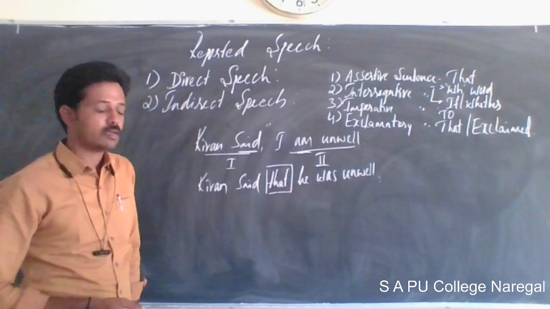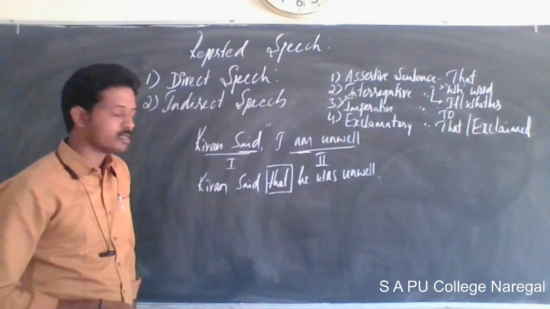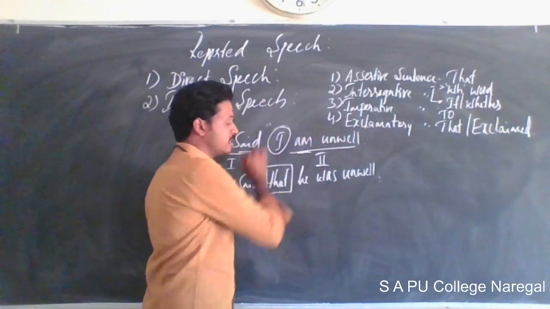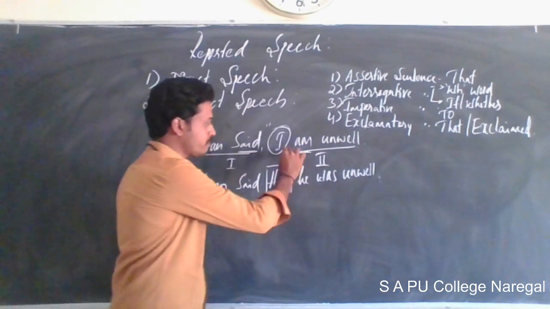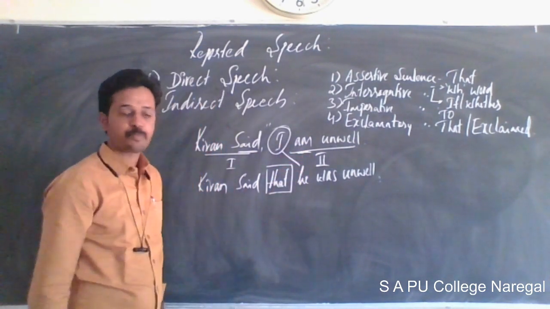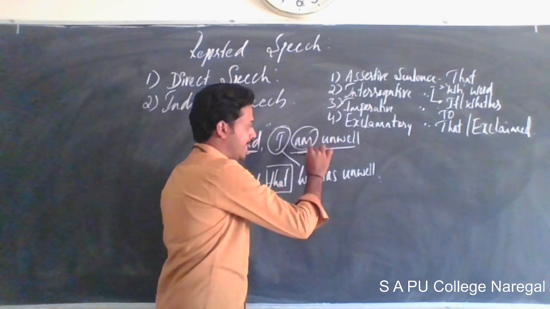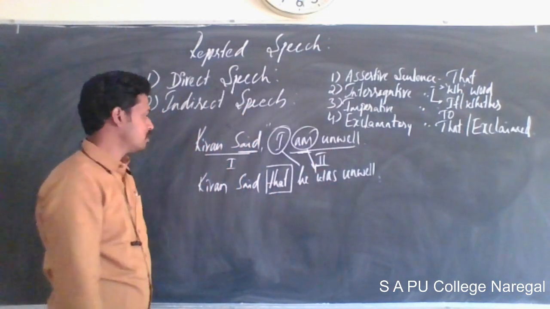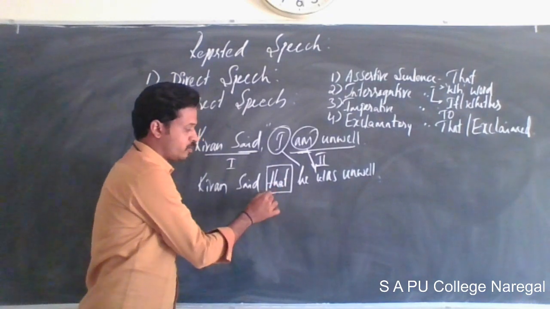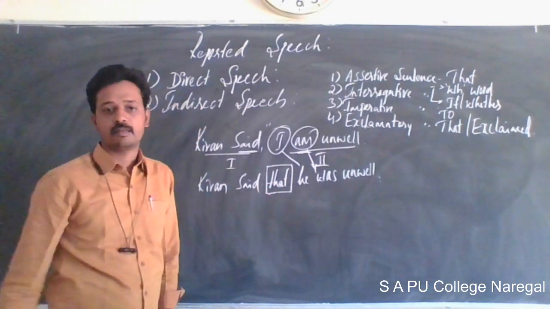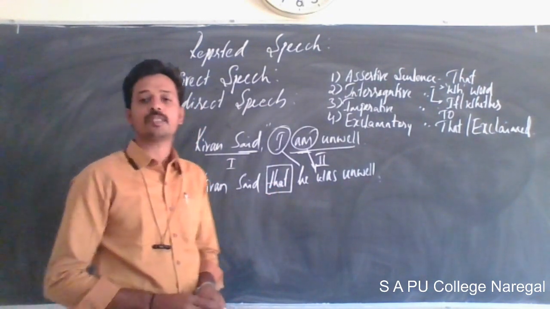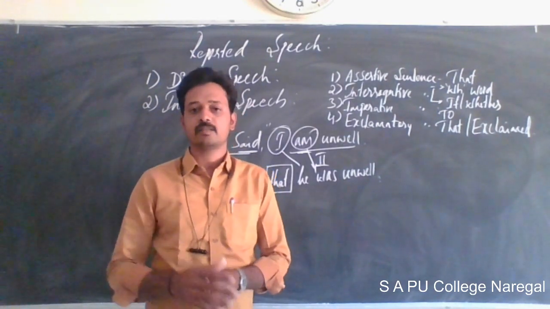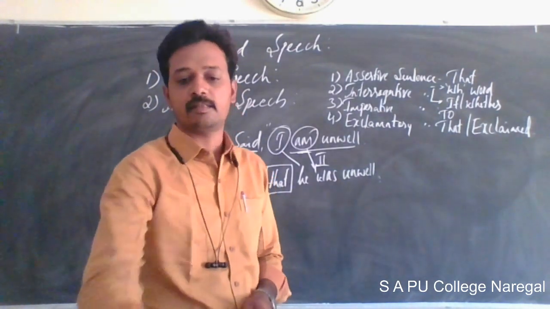So when we convert the sentences, there are certain changes. I in the direct speech becomes he. Am in the direct speech becomes was. Along with that, we use a linker here. So we go with the changes while converting a direct sentence to an indirect sentence.